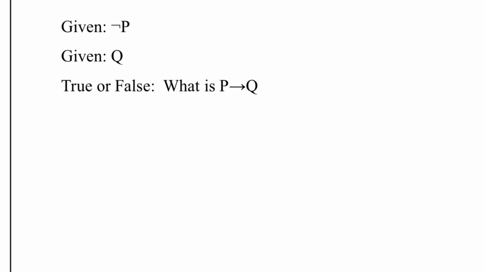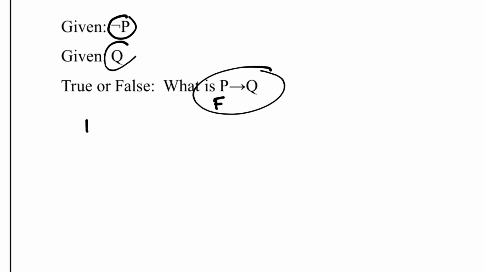And here's a question that they could ask, something like this. They want to know, is P implies Q, or if P then Q, true or false? Well, in this case, they're telling us that not P is true, so P is false. And they're telling us that Q is true. And based on the truth table, anytime the thing on the left is false, this whole thing is true.